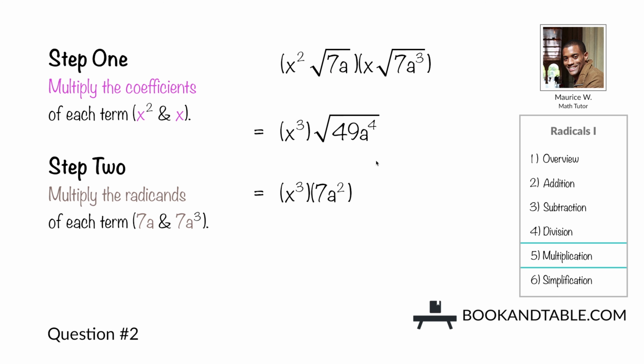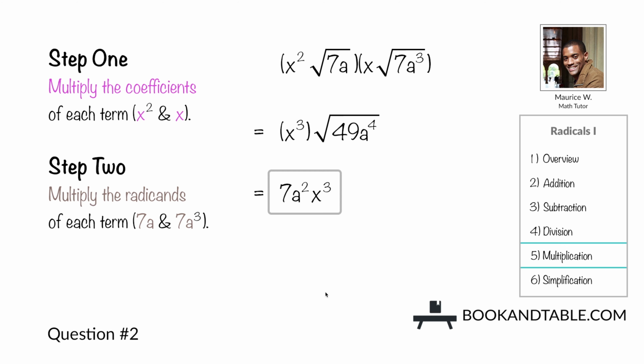So we would get x cubed times the square root of 49, which is 7, and the square root of a to the 4th, which is a squared. So our final answer would be x cubed times 7a squared, which is equivalent to 7a squared times x cubed. It's just conventional to have our real number in front, and then I just put them in alphabetical order. But since it's multiplication, you can organize these in any way, and it's the same value.